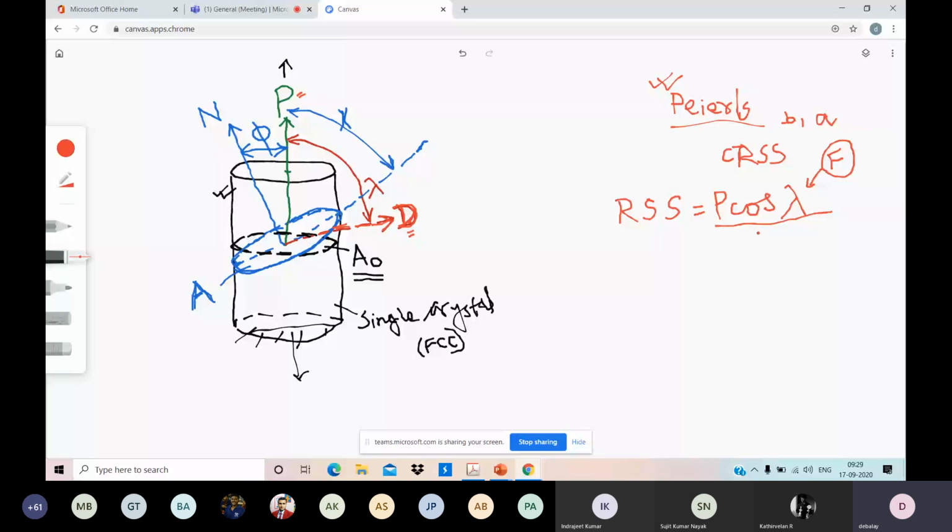So how much is the area A? If we represent area A in terms of A naught, because A naught is the cross-sectional area, it is easy to measure.